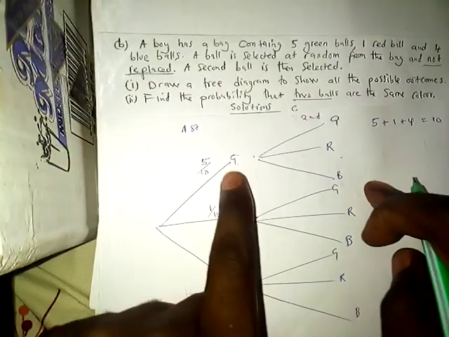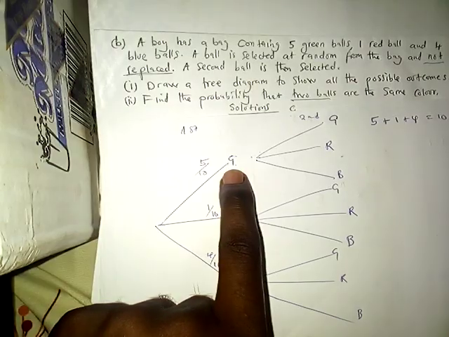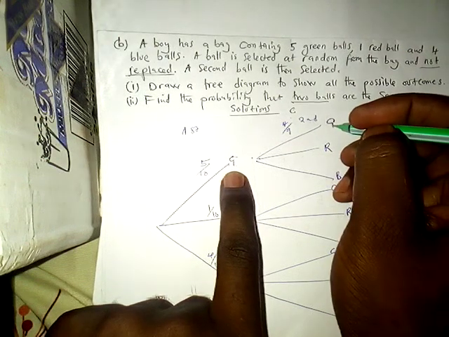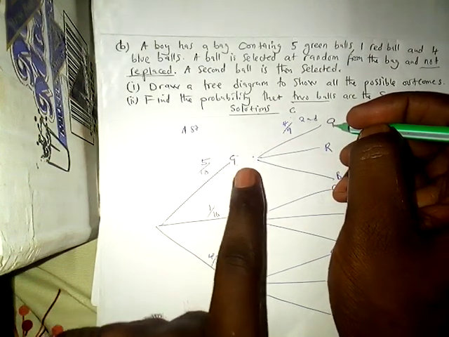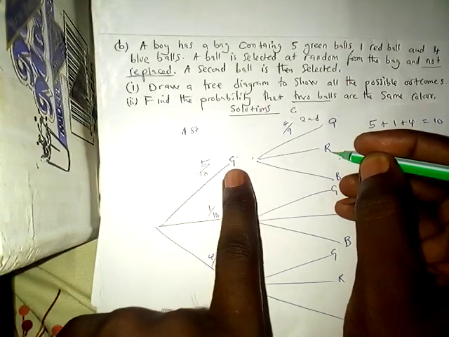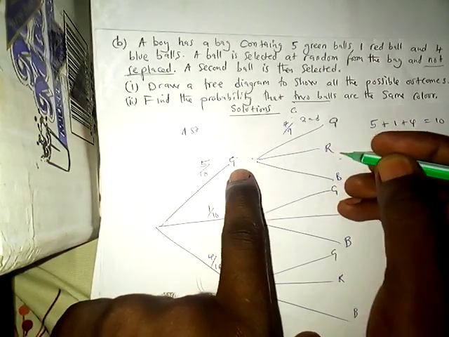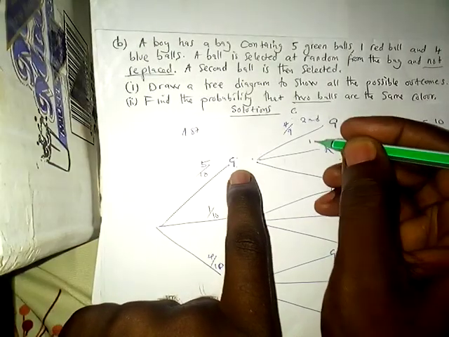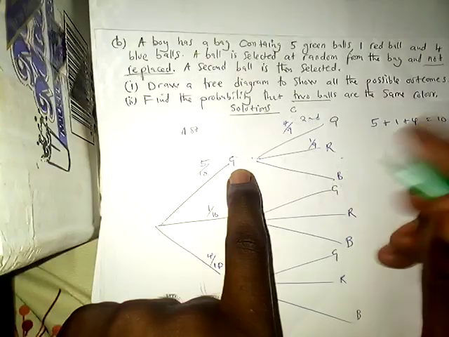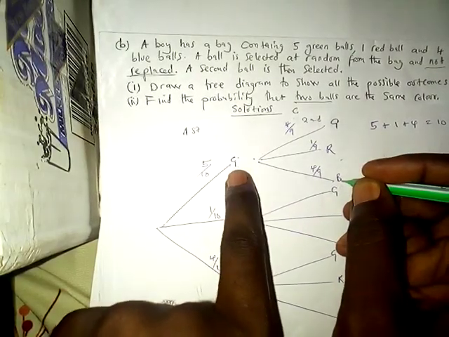So assuming that the first ball which was picked was green, then in our next selection we are going to have 4/9 for selecting another green ball, and the probability of selecting a red ball in the second selection is not going to be affected because we assume the first was green. So red will still be 1, but the total will reduce to 9. Then for blue, it will be 4/9. Again, blue will not be affected because the first was green.